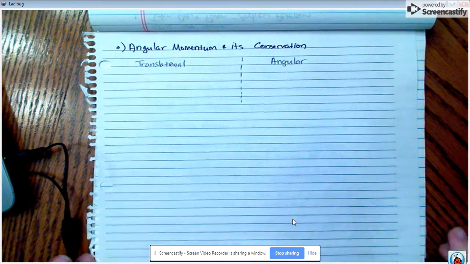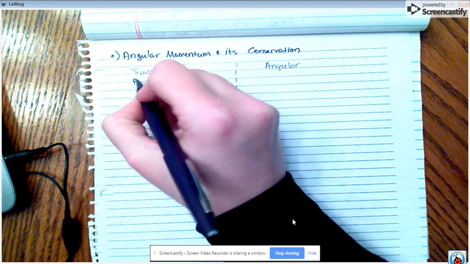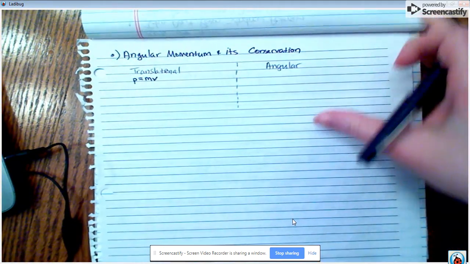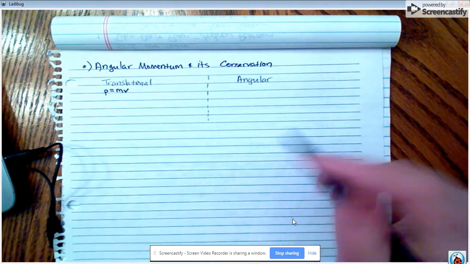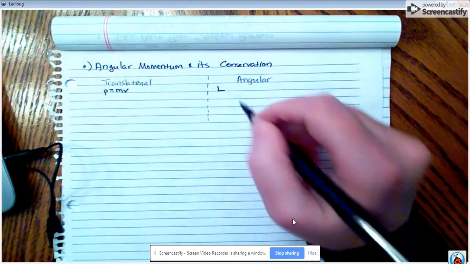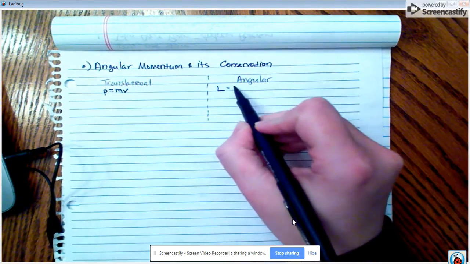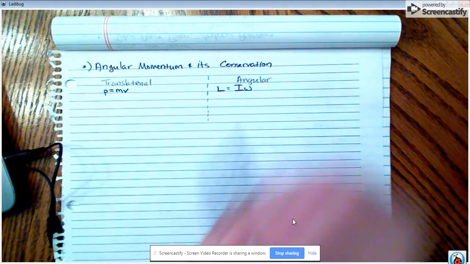When we were in translational or linear land, the equation for momentum was p equals mv. Now, we already said that angular momentum, big L, is equal to our rotational equivalent of mass, which is moment of inertia, times angular velocity.